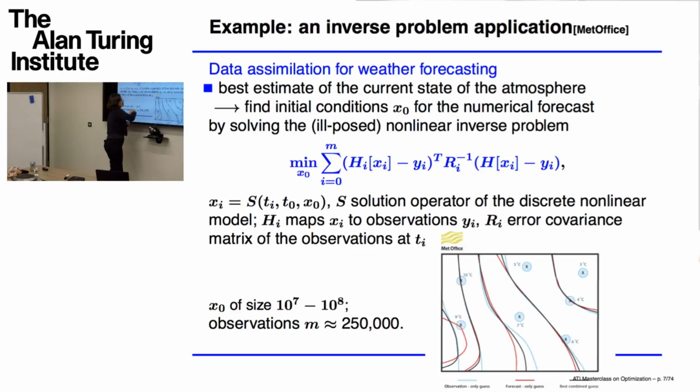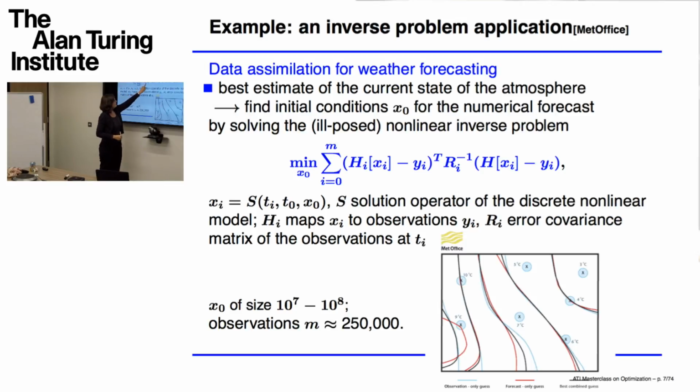So you have these y_i's, the observations at a few time slots. You still don't have enough of them compared to how discretized the state of your atmosphere is, which is in that range. Okay, so x is huge, and what you do is you do a few forward time steps from your current state of the atmosphere, which is your unknown, right?